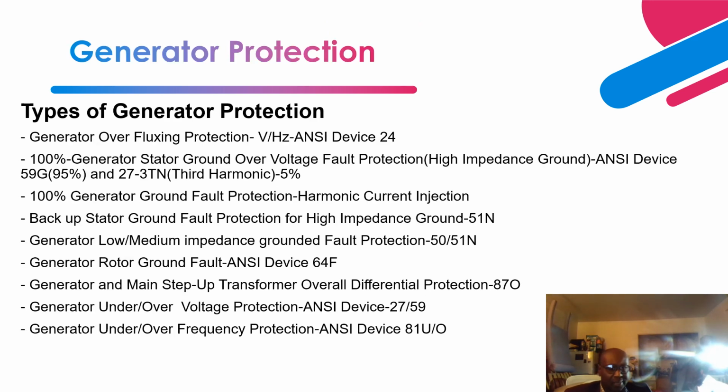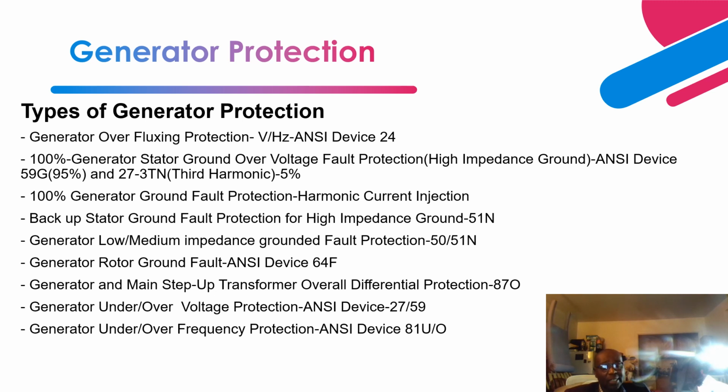Next is overfluxing, which is due to load rejection, failure of the excitation system, failed breaker, or voltage regulator failure, any of which can lead to overfluxing. Or if the step-up transformer is lightly loaded, you can have an overfluxing condition.